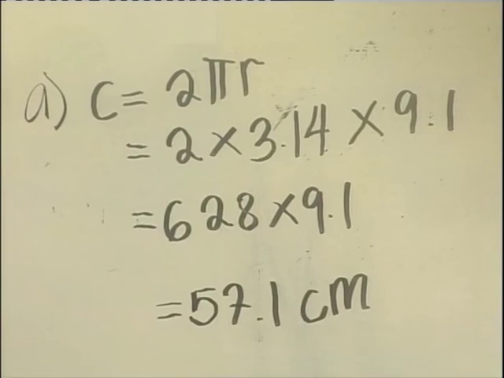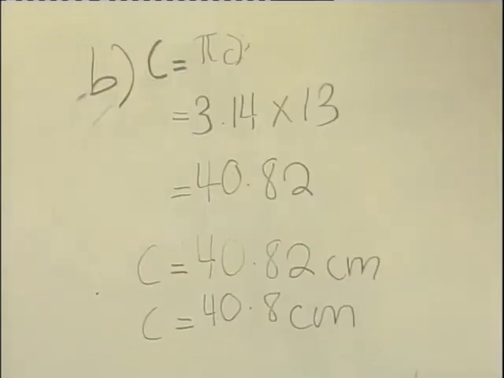The two answers are correct. A, the circumference is equal to 57.1 centimeters, correct to one decimal place. And B, the circumference is 40.8 centimeters, correct to one decimal place.